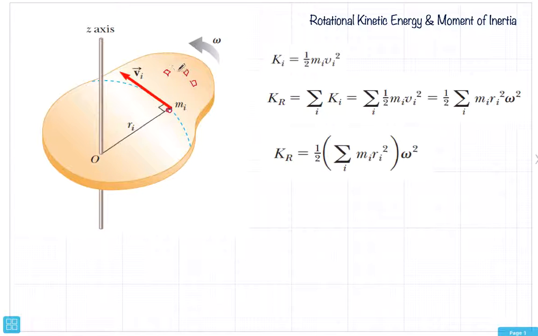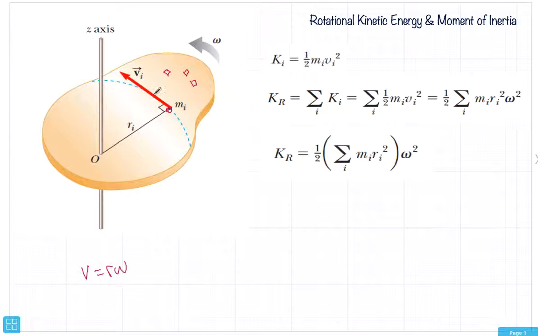Now remember that there's a relationship between linear speed and rotational speed, given by v is equal to r omega. So if the entire disk has a constant omega, it spins at a constant angular velocity, then every little piece that makes up the disk, every little dm, little mass element, has a little kinetic energy, given by 1/2 mv squared.